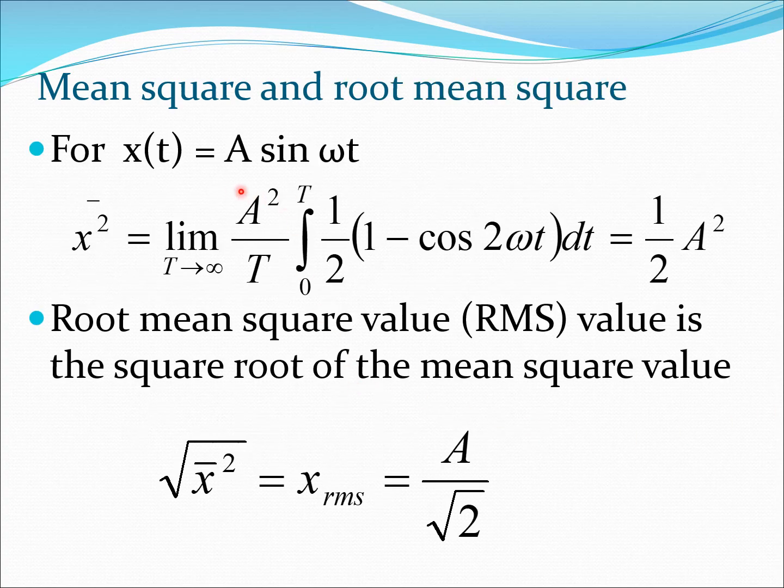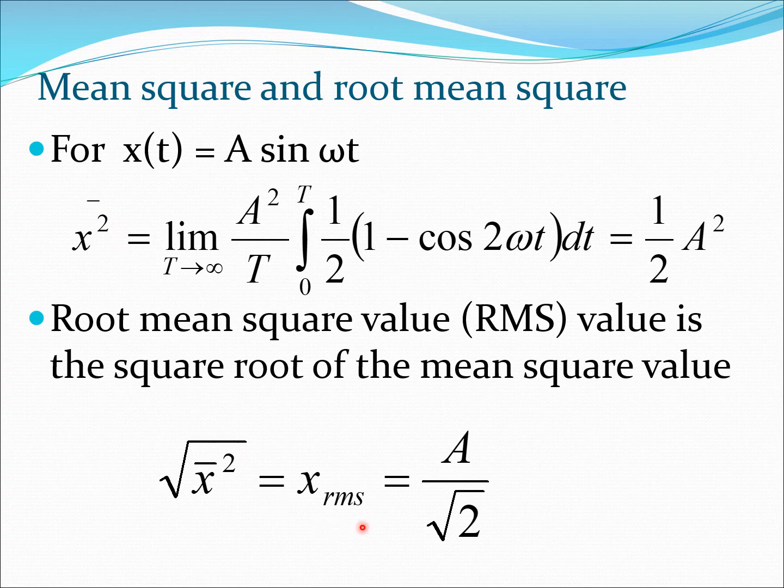So again let us go back to our sine function. So we can see here that the mean square value, if we calculate it out, comes to A square by 2. Now very often we use a root mean square value, which is simply the square root of the mean square value. So in that case we take the square root of this x bar square, that is called the x RMS.